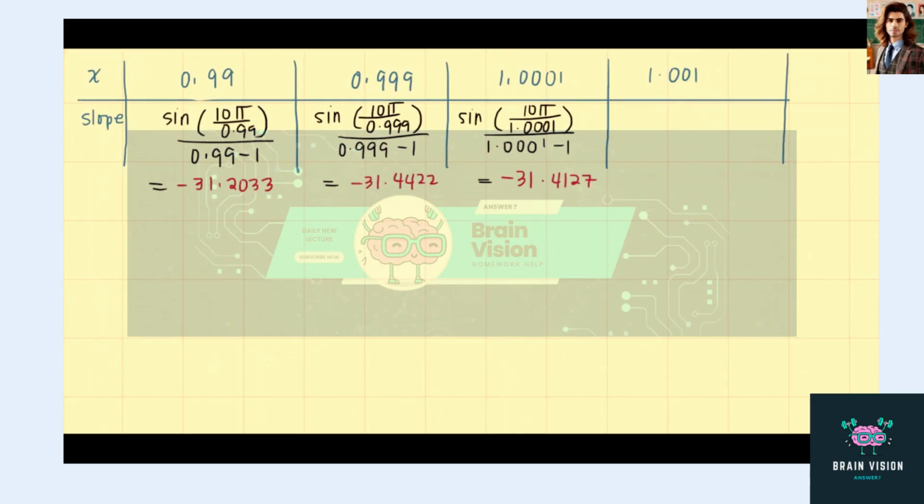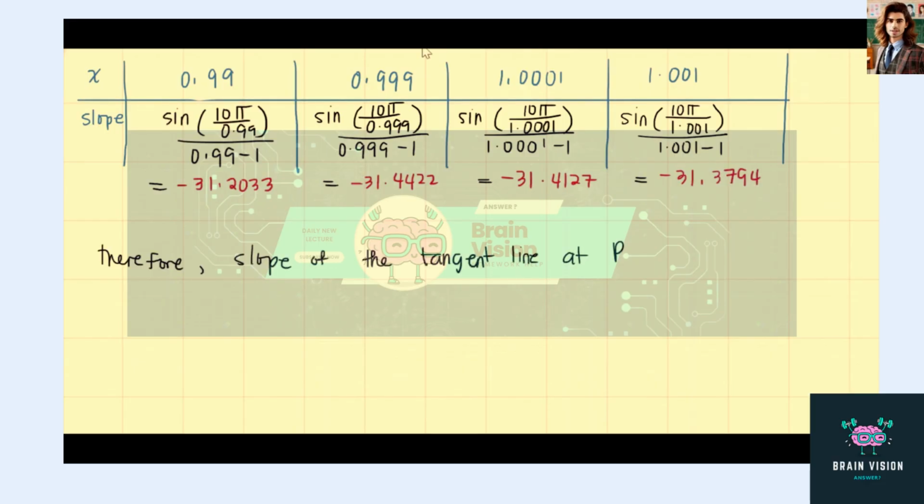At x equals 1.001, we get negative 31.3794. Therefore, the slope of the tangent line at P is approximately negative 31.4. This is because as we move closer to 1, the value of the slope is approaching negative 31.4.